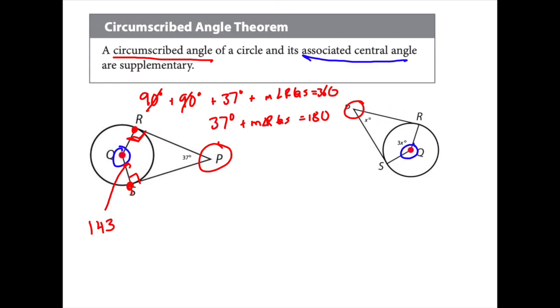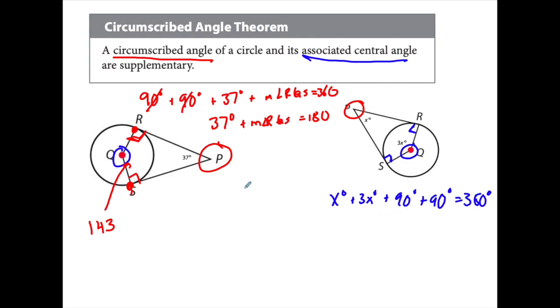Now, we can show that it doesn't just work when you have numbers. Let's say this was x and 3x. So again, because these are tangents, what we know is that at the point it hits the circle, it's going to be perpendicular to these radii, right? We know these are radii. So essentially, we know that x plus 3x plus 90 plus 90 equals 360.